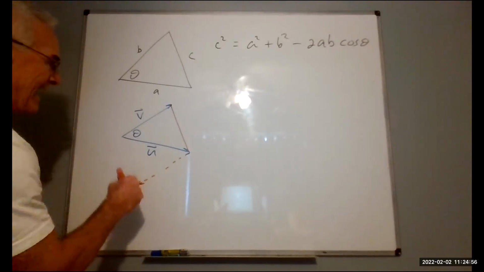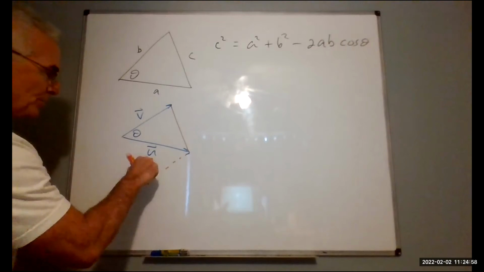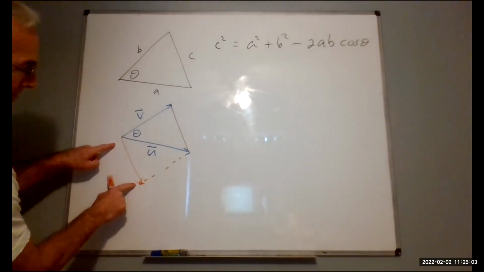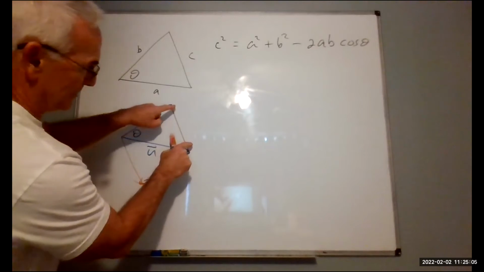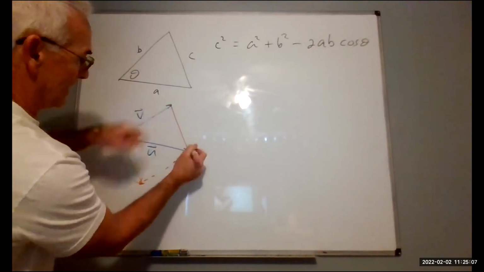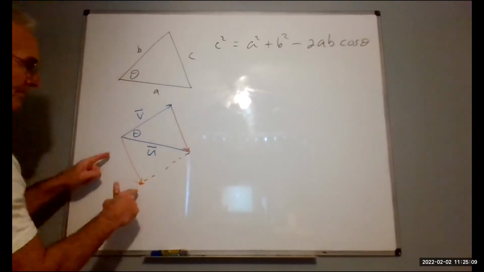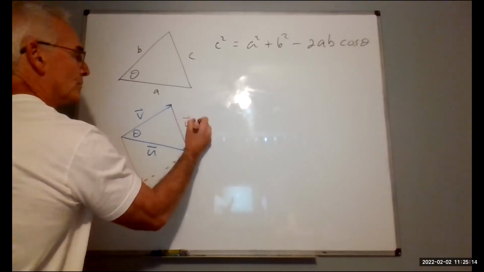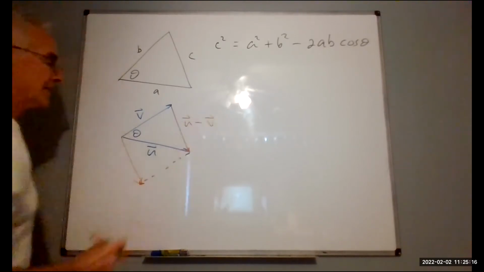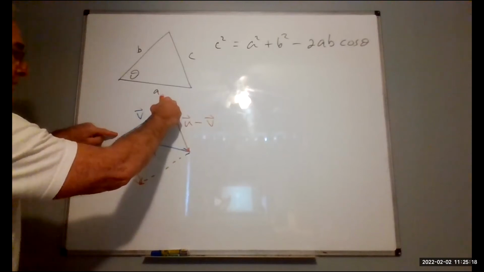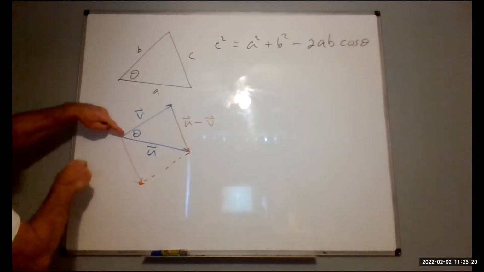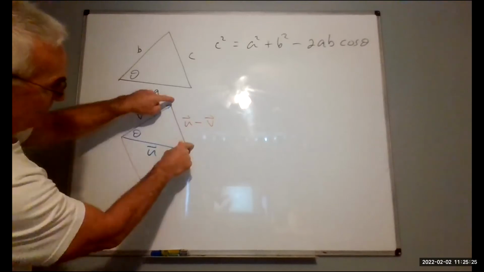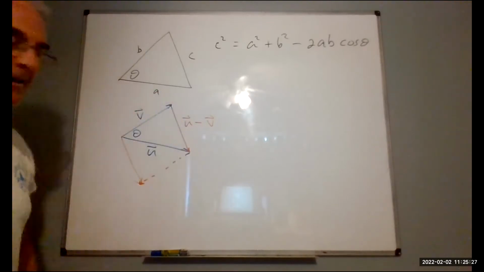So if I added the negative of vector v to vector u, I would get that, wouldn't I? That guy right there, which is the same as that guy right there. So this vector right here is vector u minus vector v. And again, it's easy to see because if I simply take the negative of vector v and add it to the end of vector u, I will get this result, which is exactly what that one looks like.